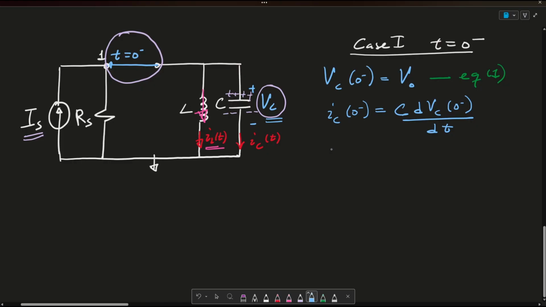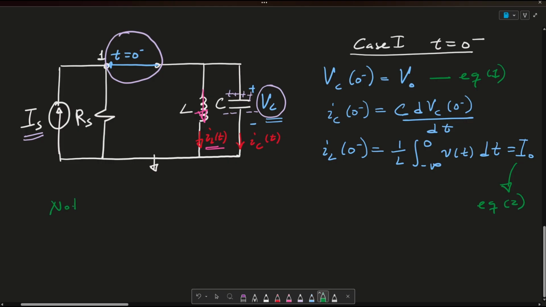And the last parameter we care about is this IL of 0 minus. And again, from a previous video that I did called What is an Inductor Clearly Explained, we know that this current is equated to 1 over L, the integral from negative infinity to 0, V of t dt, and essentially we call this IO. Let me go ahead and call this equation here equation number 2.